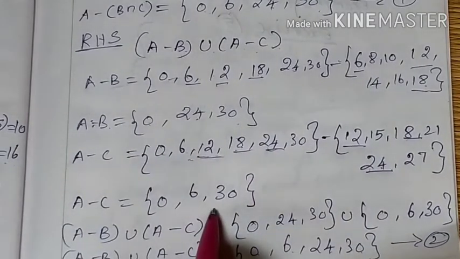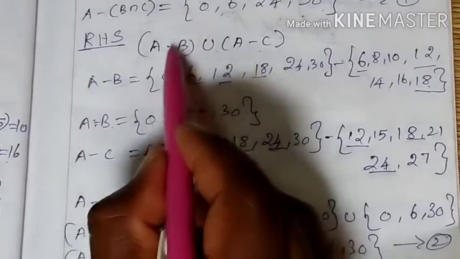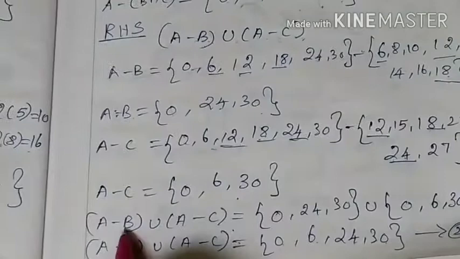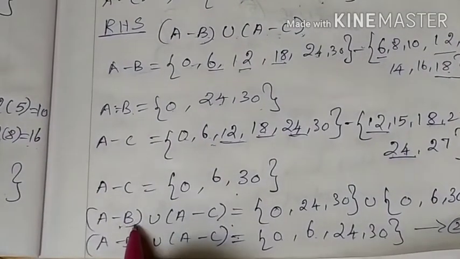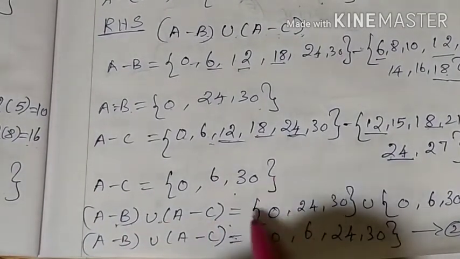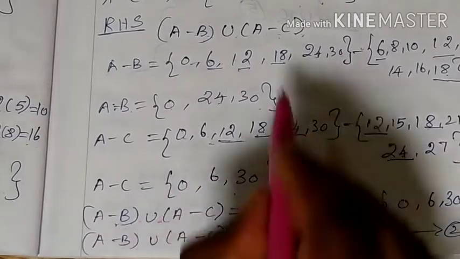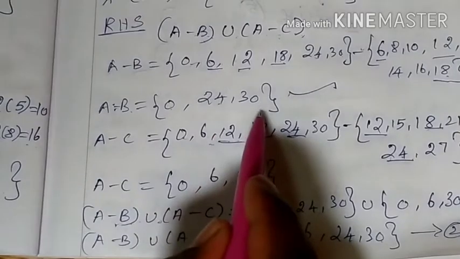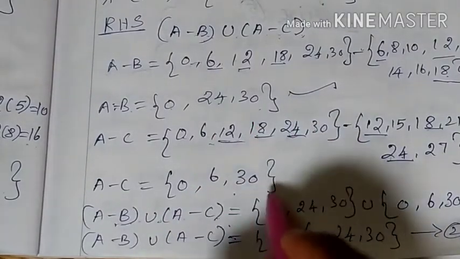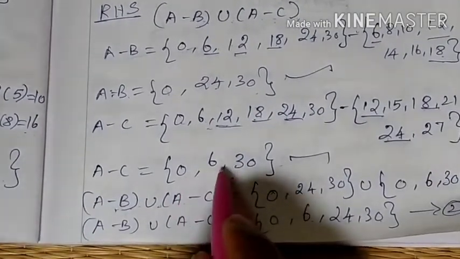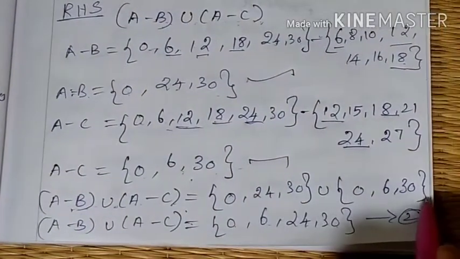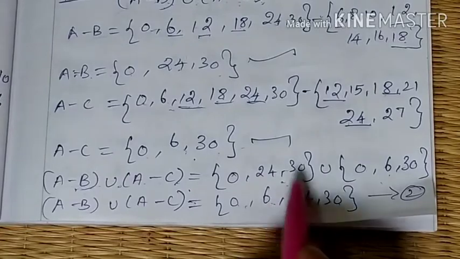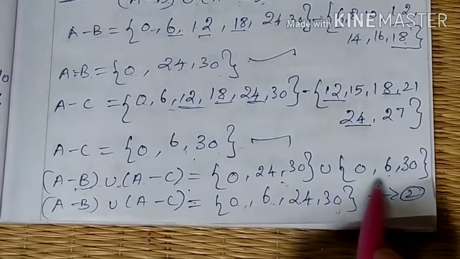This is your result. Then the RHS is (A difference B) union (A difference C). So A difference B answer is this, 0, 24, 30, and the A difference C answer is this one, 0, 6, 30. Okay, the union of these two sets is equal to 0, 6, 24, 30, written in ascending order.